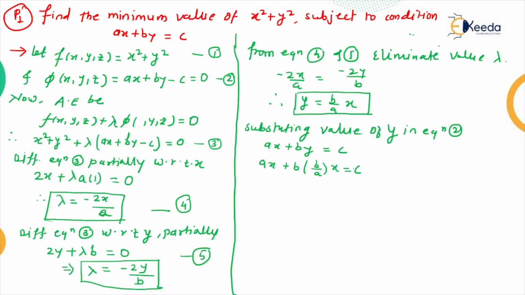After simplifying, if we multiply by a on both sides, we get a square into x plus b square x, where a and a get cancelled, equal to ac.